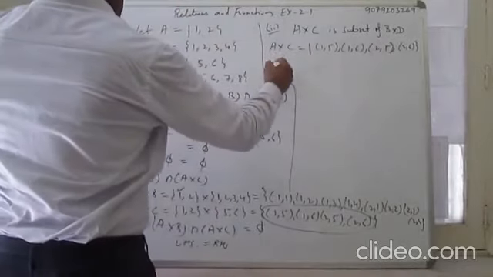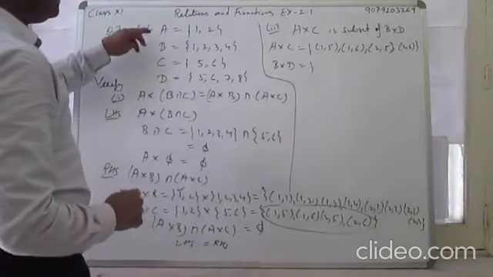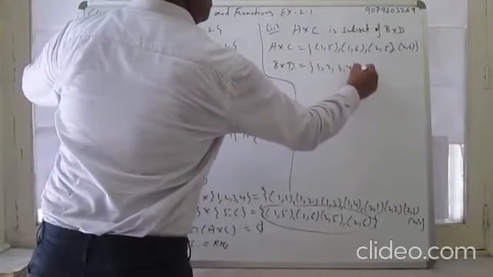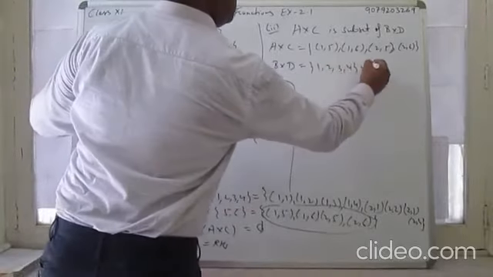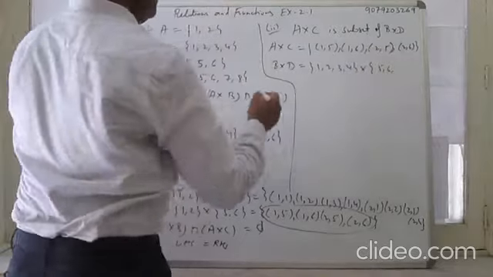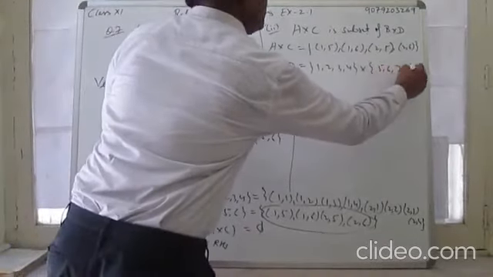Now what is B cross D? We have to find B cross D. What is B? {1, 2, 3, 4}, cross D {5, 6, 7, 8}.